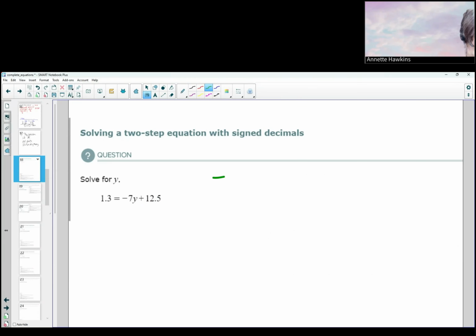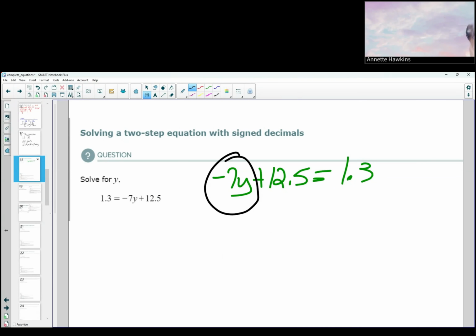Because we only have one variable, it's already on the left. So all we need to do is remove this. Okay. So we need to subtract 12.5 from both sides.